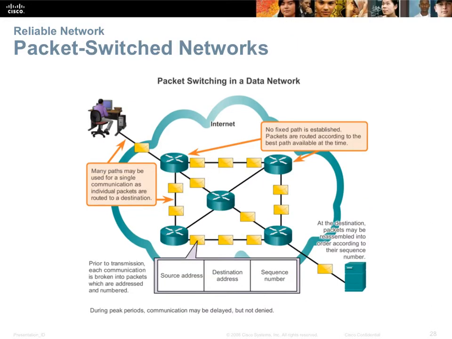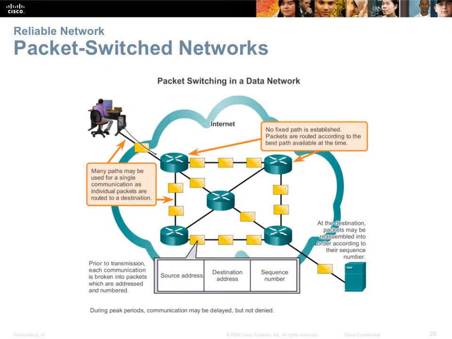Okay? The other type of networks is what we call packet switched networks. We use this type for data communication, whether on Wi-Fi, Ethernet, or cellular communication. So recent network technologies use the concept of packet switching. What does that mean? This means that my communication will be divided into smaller pieces of information.